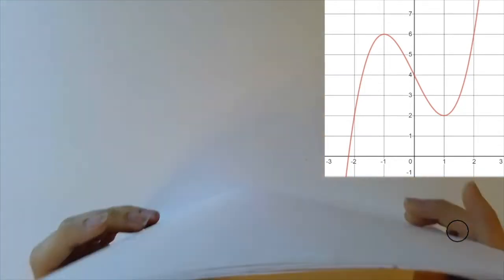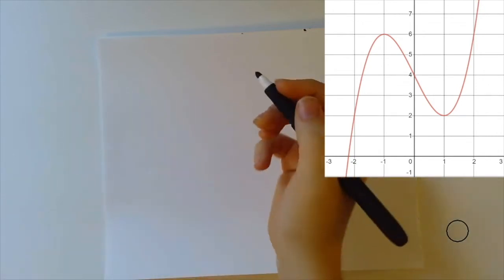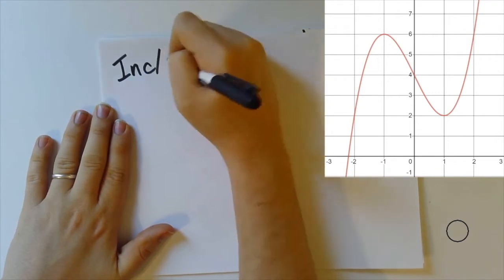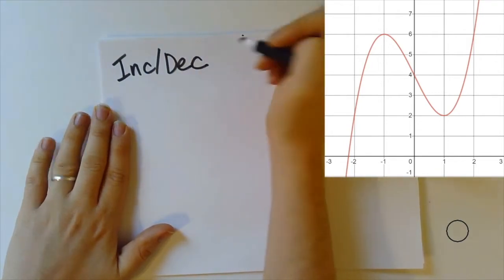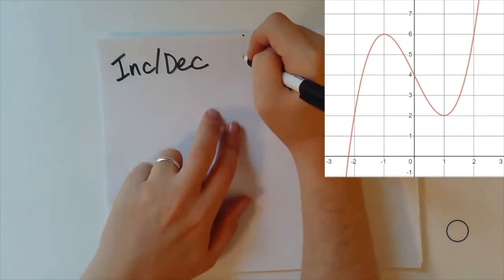Okay, so let's remember how we decide about increasing and decreasing. Namely, we decide about increasing and decreasing by virtue of the first derivative.